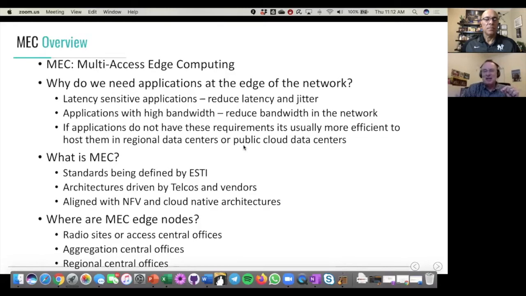People have been doing this for years with CDN networks. What's really different now is that these applications are moving farther out to the edge. And if the applications don't have one of those two requirements, latency or bandwidth, then you're probably better off in more centralized regional data centers or national data centers.